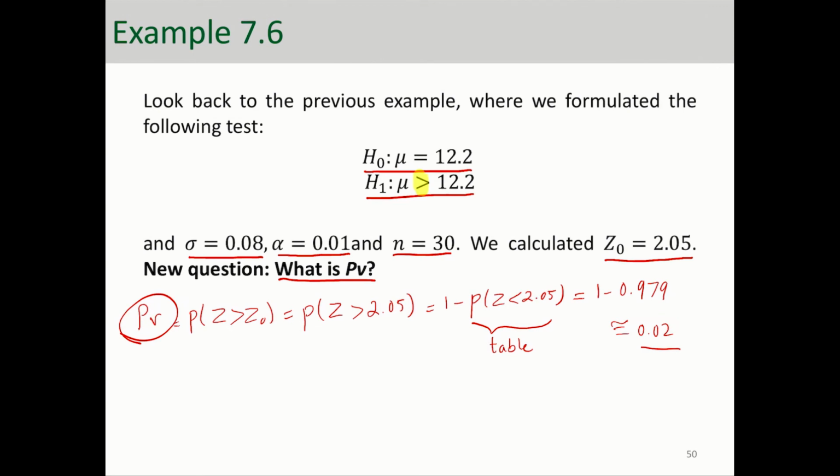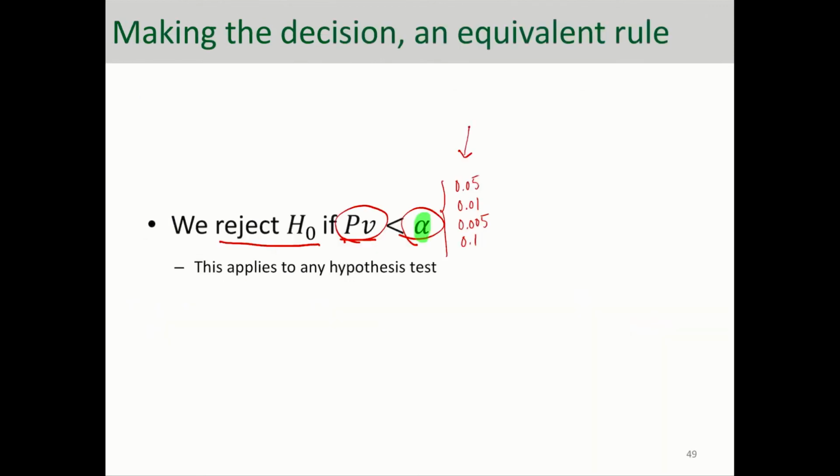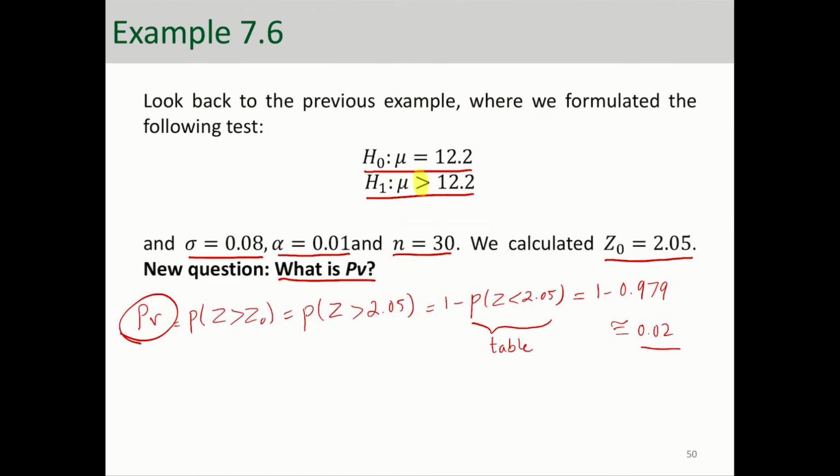Now, how do we make a decision? We remember that if the p-value is less than alpha, we reject the null hypothesis. In this case, the p-value of 0.02 is not less than alpha because alpha is 0.01. All right?